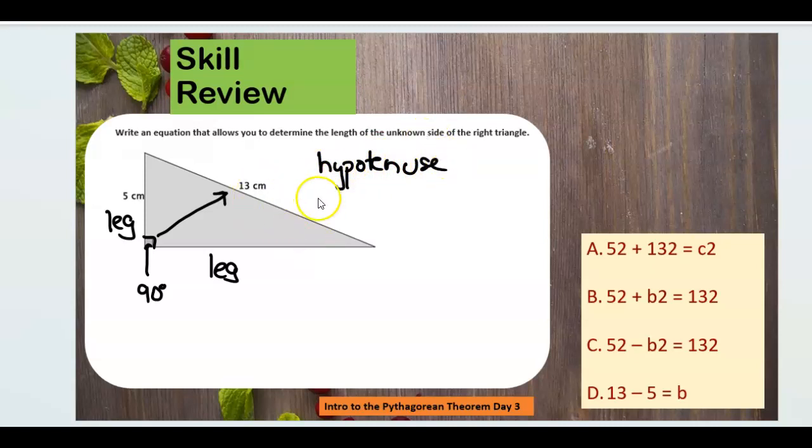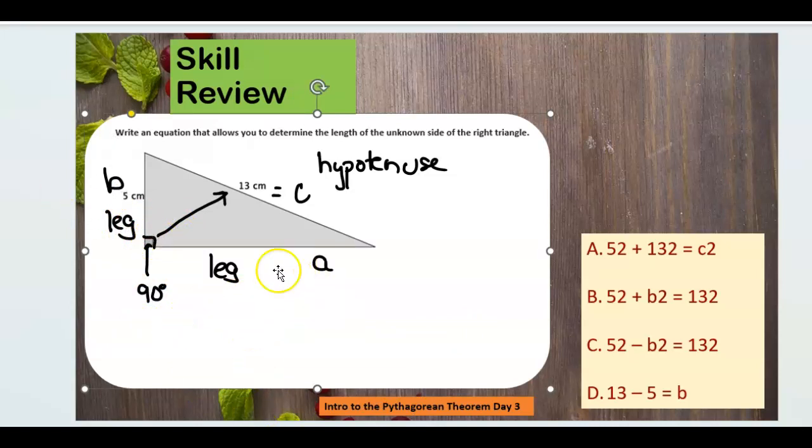When you label the hypotenuse, you will always label it C. When you label the legs, you can label them A and B, or you can switch these around and make this one A and this one B. It doesn't matter. The legs are just labeled A and B.